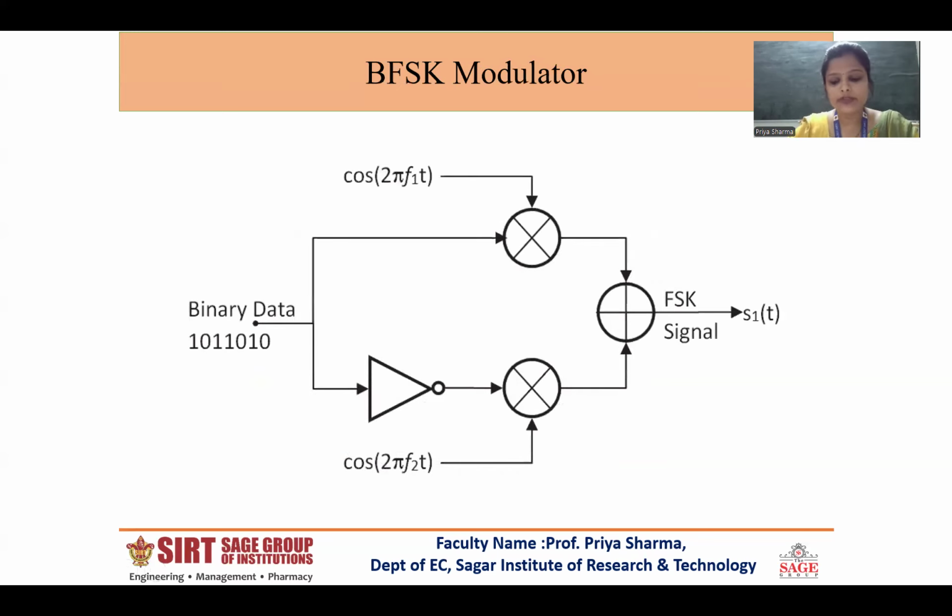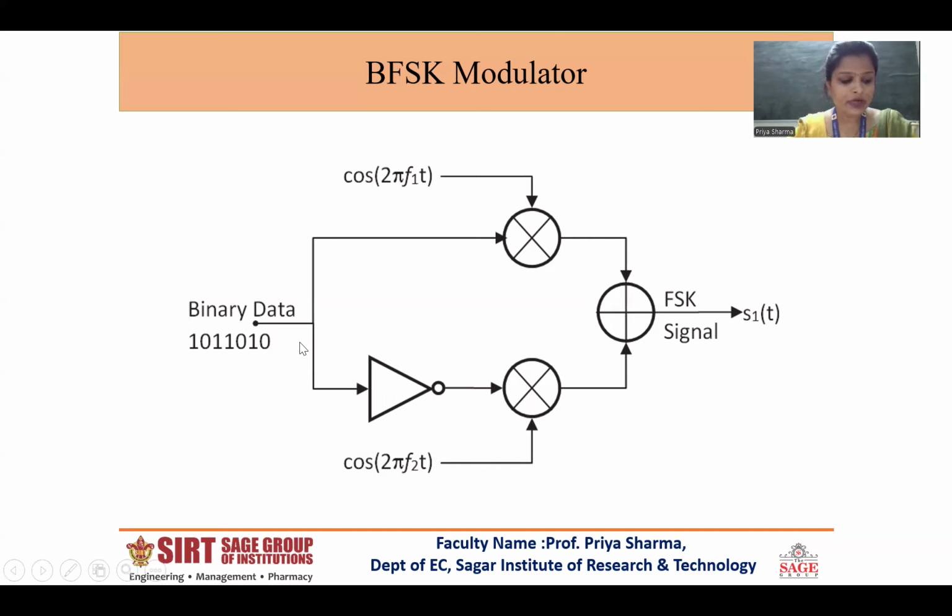Coming to the modulation part of the BFSK signal. The circuit, again very simple, consists of two balance modulators and an adder. The input binary data is first passed through a bipolar non-return to zero encoder.